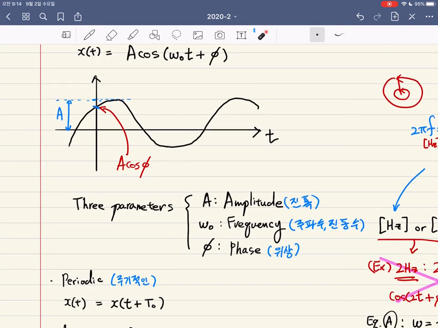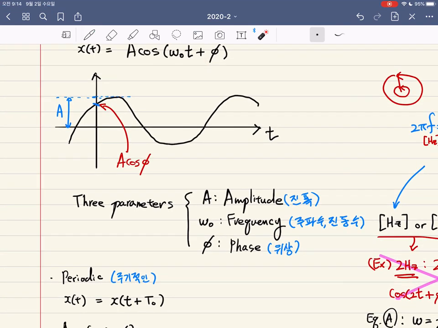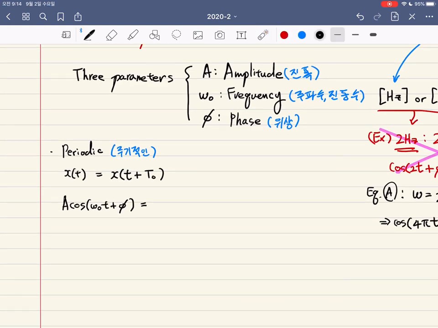And with the right-hand side, you have to put t plus large T0 into the t. Then you get this kind of equation. And if you want to remove the parenthesis inside the cosine, then you can get this equation.